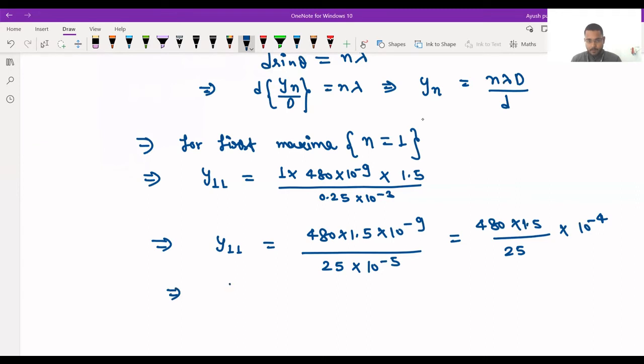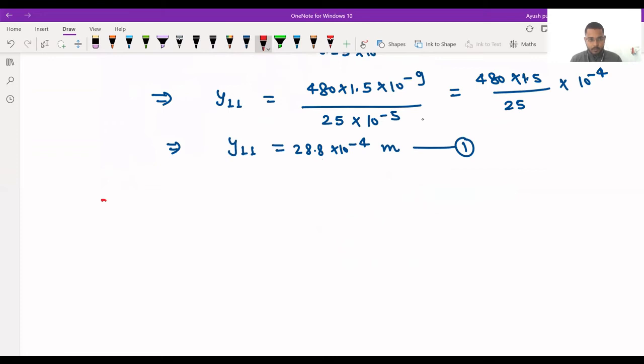Here I am using the calculator. So it will be 480 into 1.5 divided by 25. So this will be 28.8 into 10 to the power minus 4 meter. Okay, great. So call this equation 1.